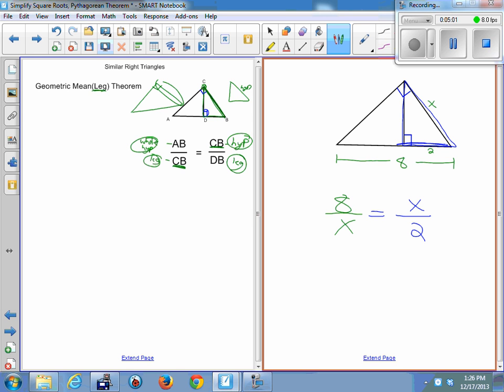So we're looking for X. We cross multiply. We get x squared equals 16. Take the square root of both sides. X equals 4. So this is 4.